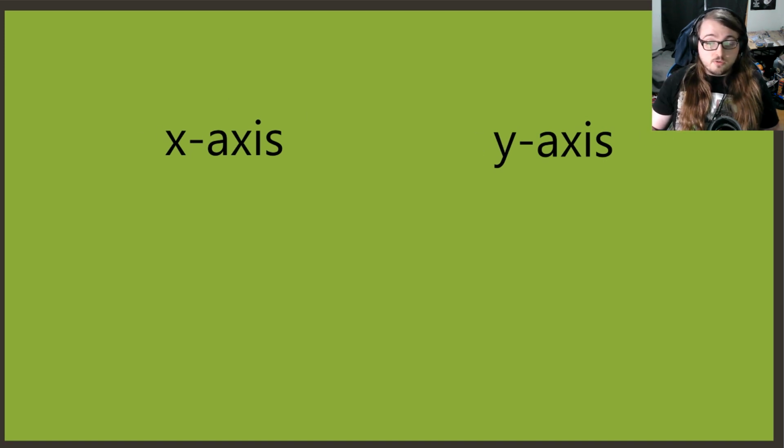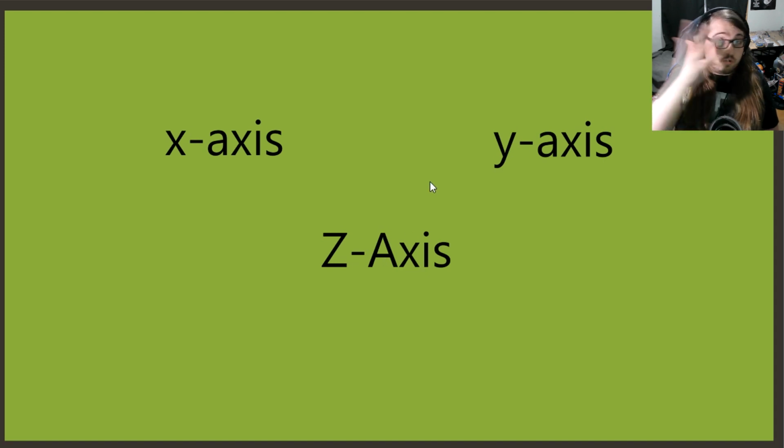But then we have a third one, the Z-axis. See how I capitalize Z and A? This could be what this refers to. So XYZ axis, ZA, that could be a possibility.